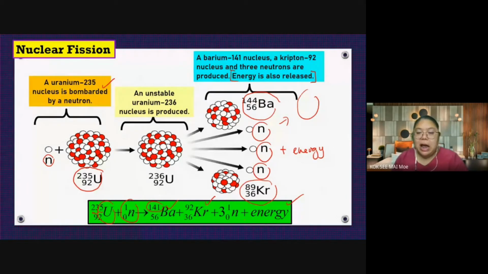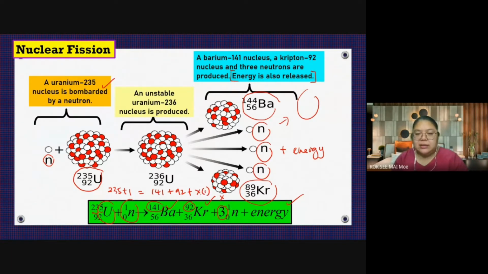Then after that, how many neutrons? 3 neutrons. So that means when you add the neutron numbers, they will be the same as the original. So the original is how many? 235 plus 1, then equals 141 plus 92 plus how many? In the question, they never give you the 3, they put X. Then they ask you, what is X? What's the number? So you see this one is a 1, is it?